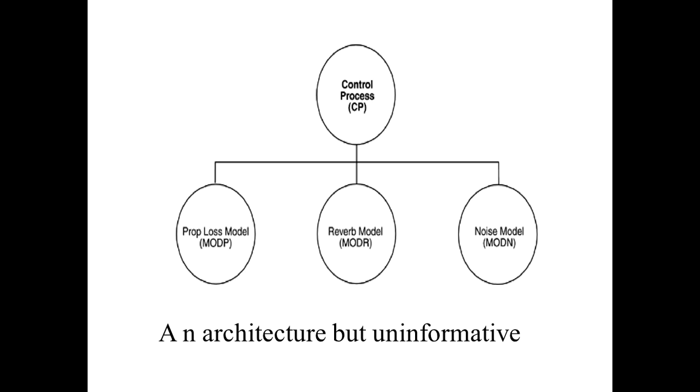Next is the prop process model. The name itself is not understandable as to where to execute or show this module. Next is the reverb module. It is also under a state where technical words are placed, but what this system or component is, is not known.